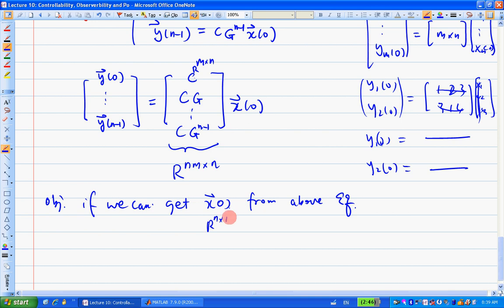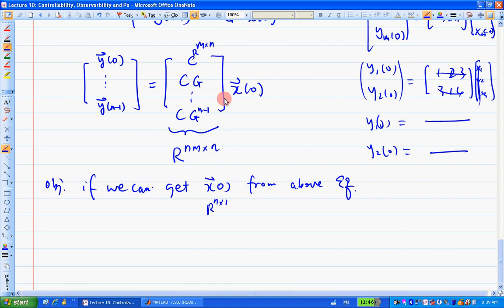So you have n number of unknowns, but this matrix here is more than n by n. So the question is, if we want to get this x of 0 out of this equation, what do we have to do? We have to see if we can extract n equations out of this one.